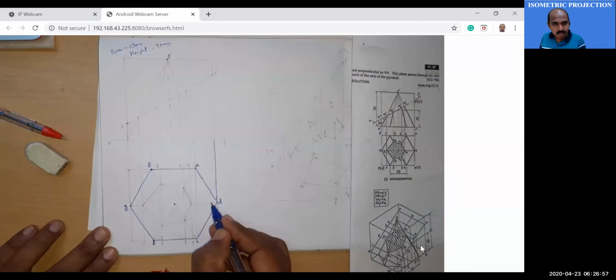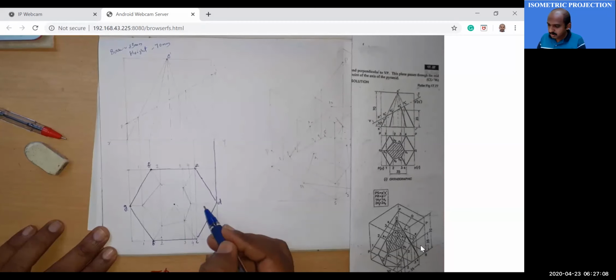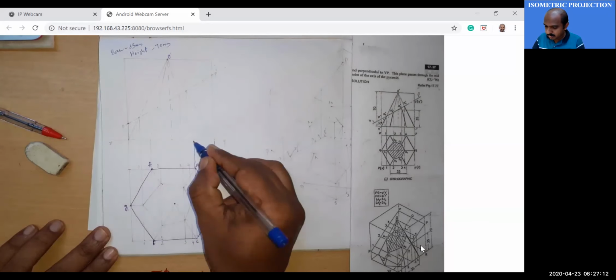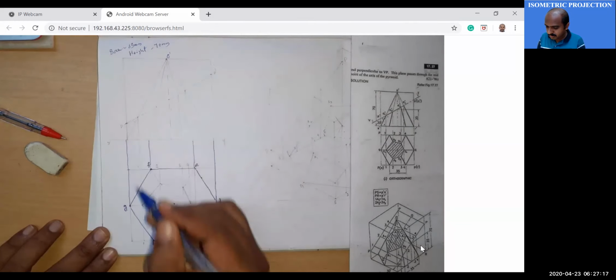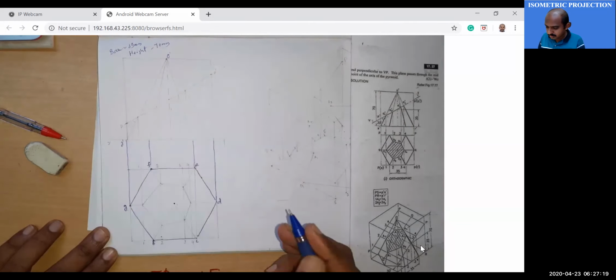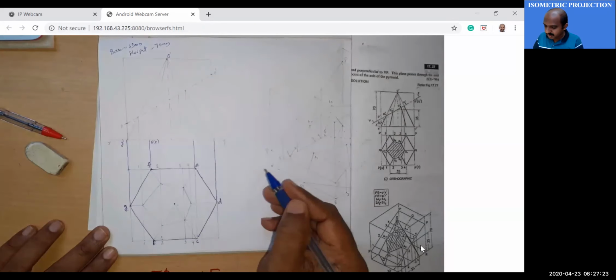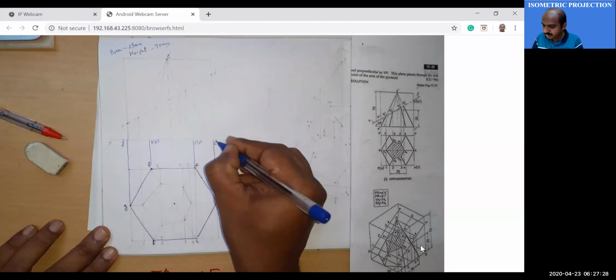I am not drawing it because after the cutting plane you can connect it, from O to B, O to C, O to D. So from here project it, from here also, here also. These points are your G dash, B dash, F dash, C dash, E dash, and D dash.